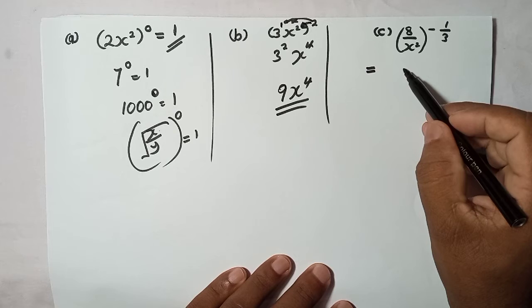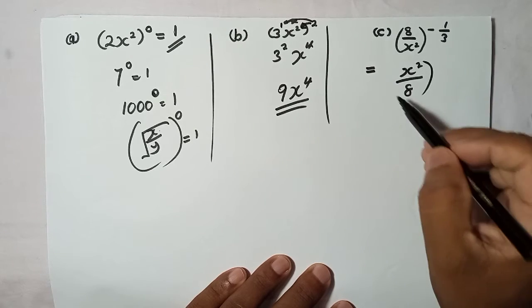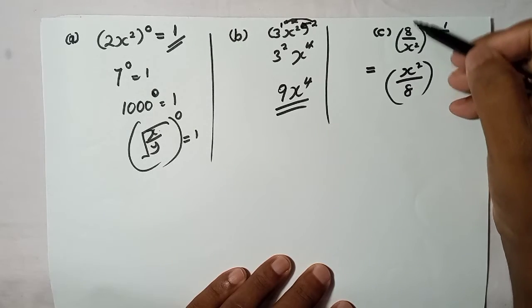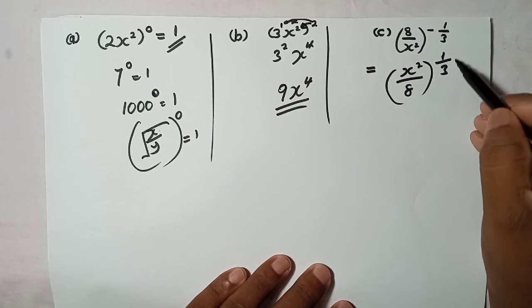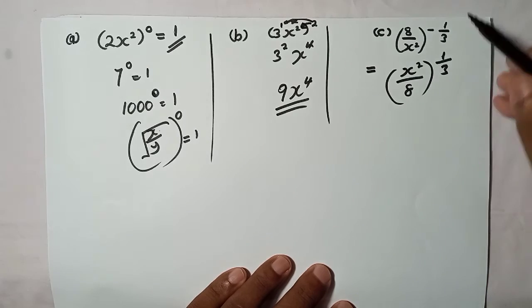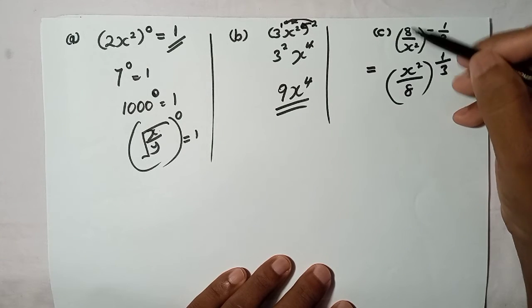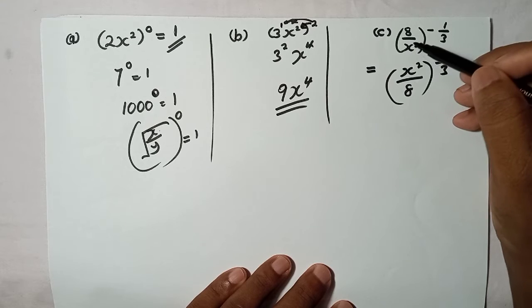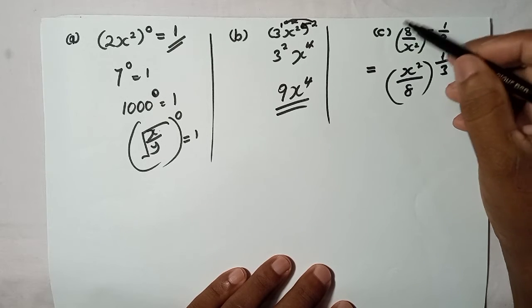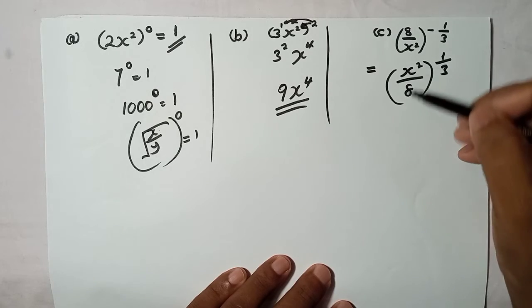So here it will be x squared over 8. You exchange these two, then the minus becomes plus. This is a very simple idea: if you have a minus index, you change it upside down, I mean take the reciprocal of this fraction, and the index becomes plus. This is for fractions, and you can apply it anytime. If you have a minus index, just switch these two.